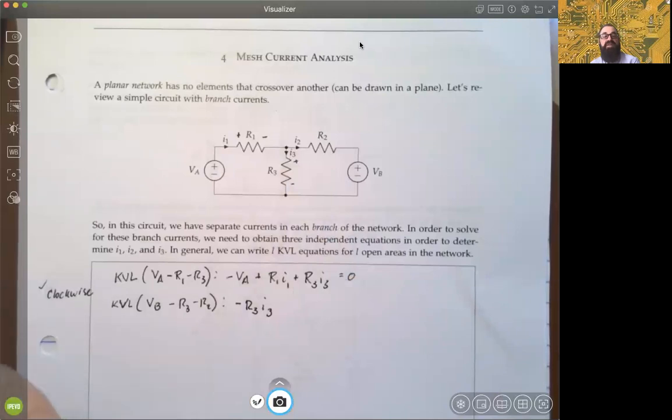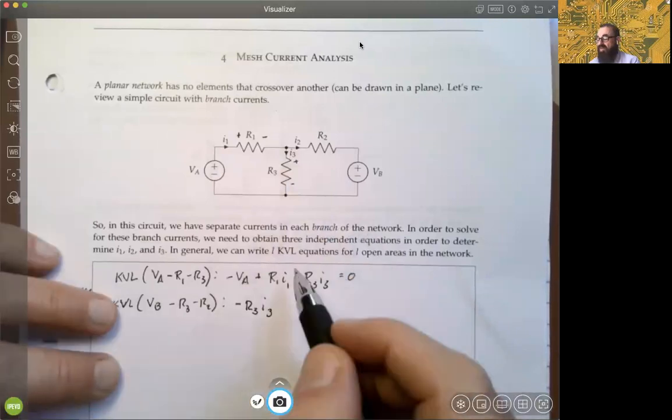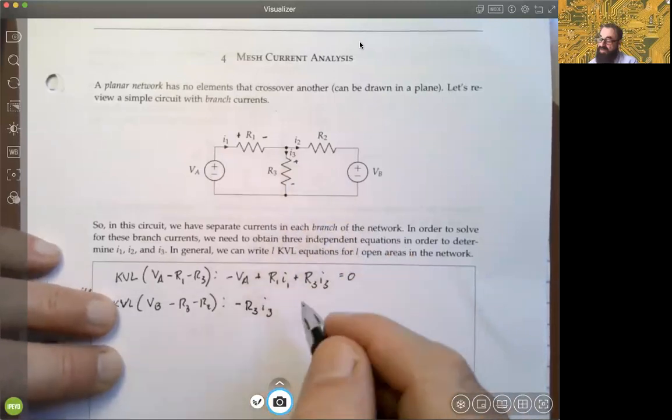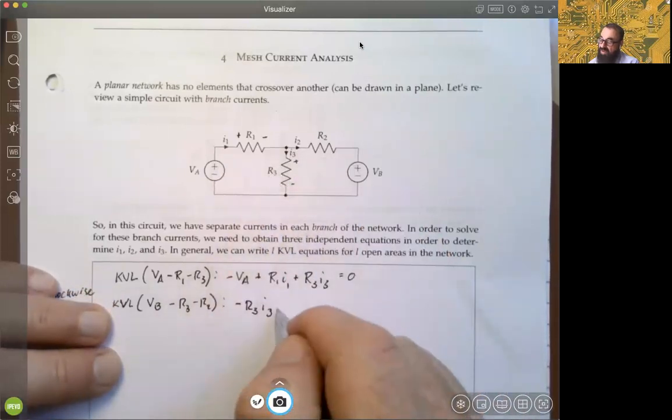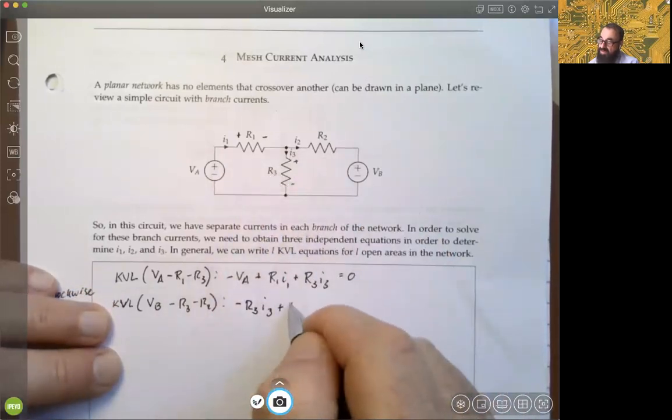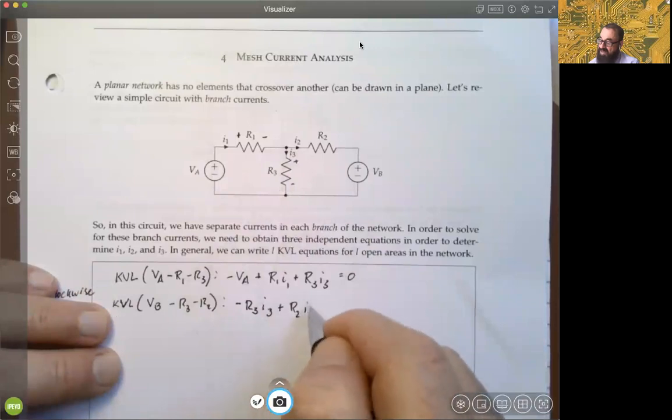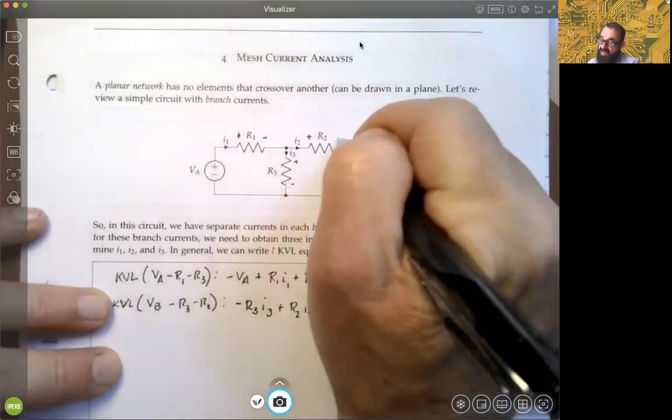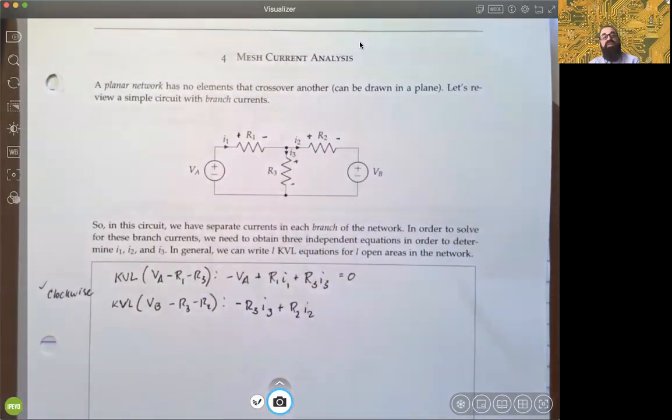That makes sense. Then if we're coming up through the top there, we're definitely coming from left to right through R2, and so the voltage must be R2 times I2. This must have been the positive polarity, and that's the negative polarity. Again, it is a resistance.